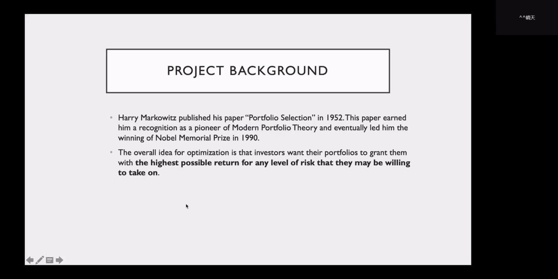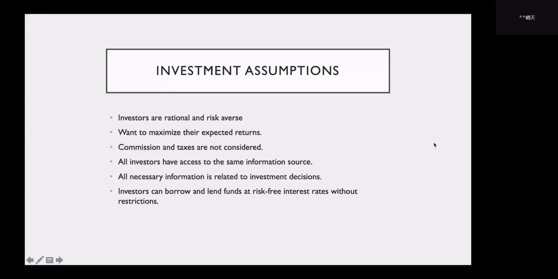The overall idea for optimization is that investors want their portfolios to grant them the highest possible returns for any level of risk that they may be willing to take on. When it comes to investment, MPT follows these assumptions: investors are rational and risk averse, and they want to maximize their expected returns, and commissions and taxes are not considered in this case.